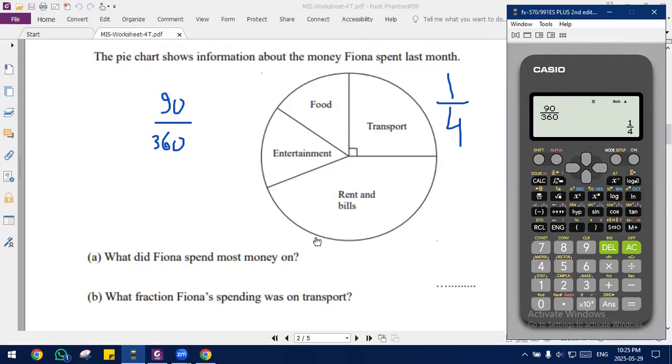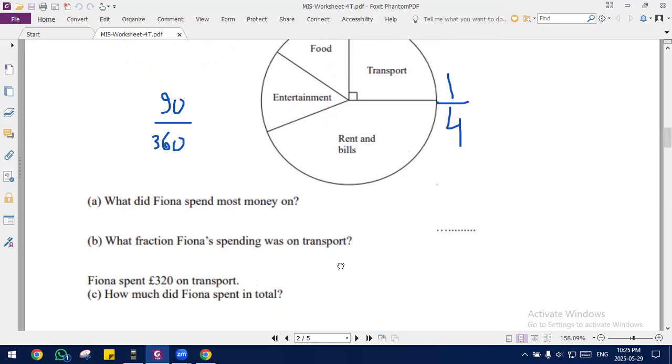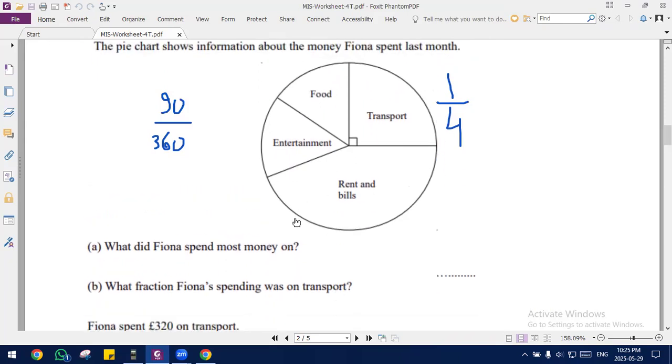Okay. Then it says, Fiona spent 320 on transportation. How much did Fiona spend in total? They said only this part is 320. So what is it in total? It's easy. How many quarters do I have? I have 4. So imagine this part is also 320, this part is 320, this part is 320.